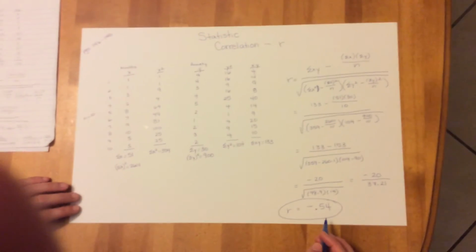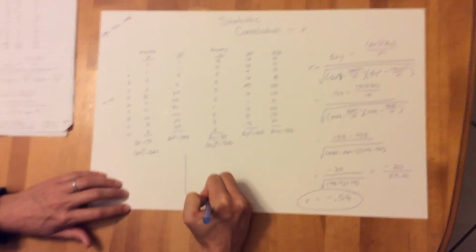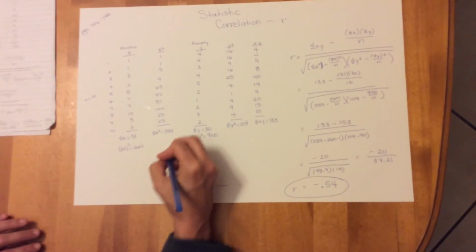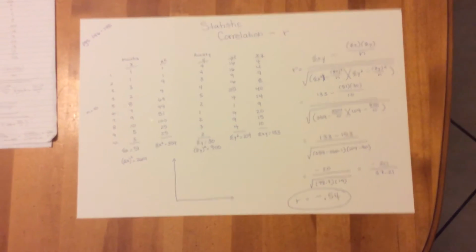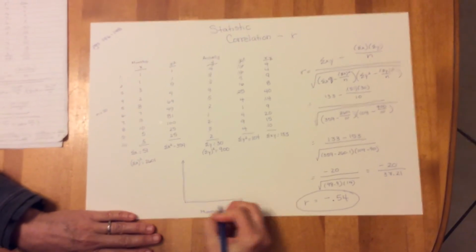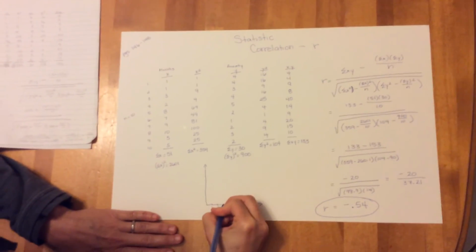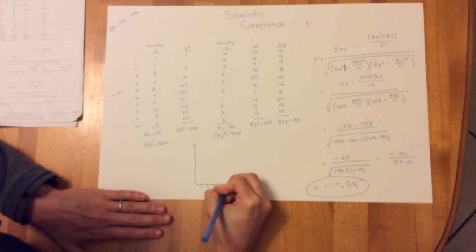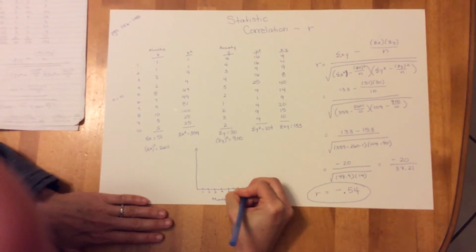Now before I close off this little segment, let's see what it looks like. Remember on my previous little clip, I showed you what a correlation looks like when we plot it. Well, let's plot this one. Let's put months down here, and we'll go 1, 2, 3, 4, 5, 6, 7, 8, 9, 10.